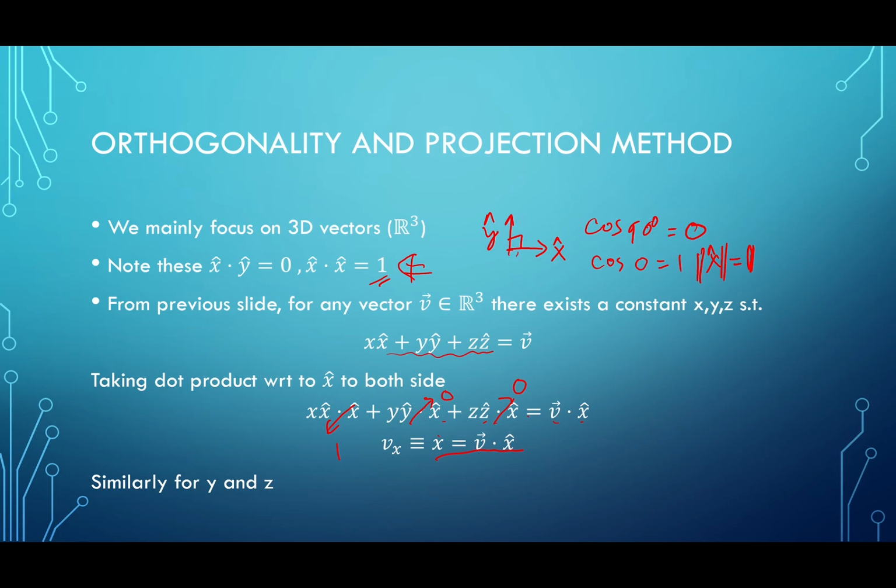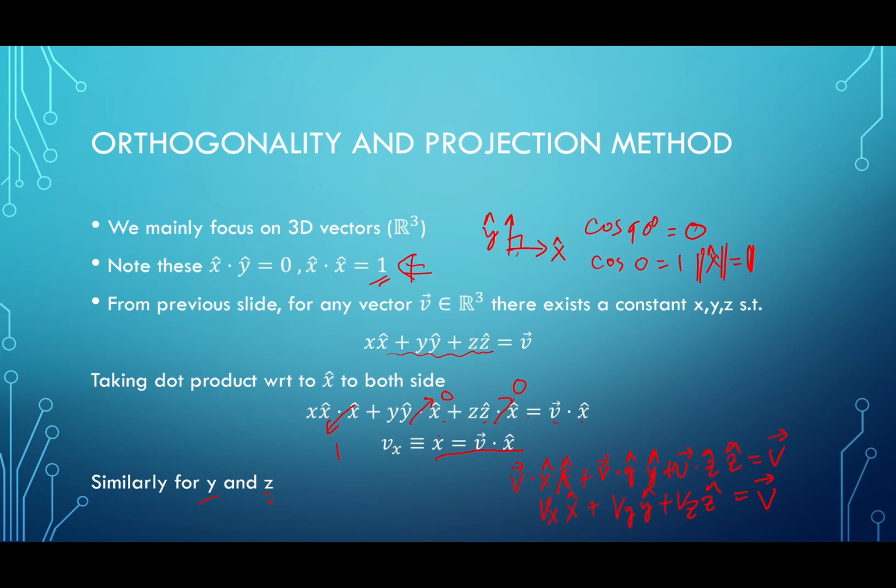If we do the calculation similarly for y and z, it turns out as this form: v dot x-hat times x-hat plus v dot y-hat times y-hat plus v dot z-hat times z-hat equals v, right? And we know that in the projection method we can write it this way. So therefore, this is actually a projection of vectors onto x, y, and z.